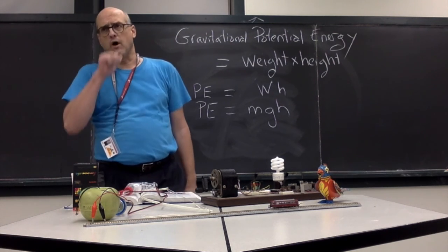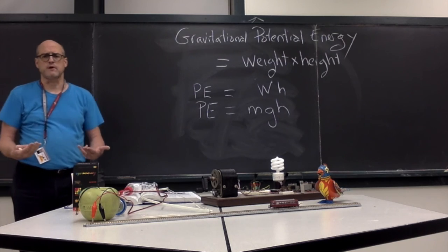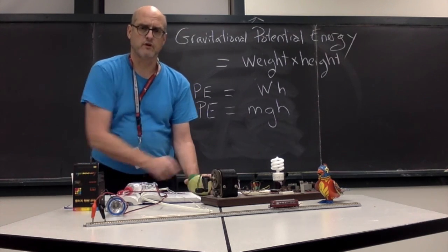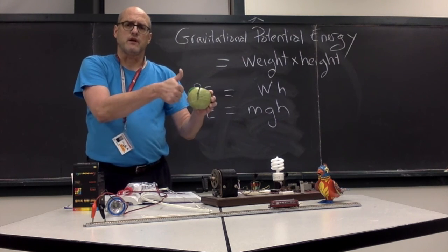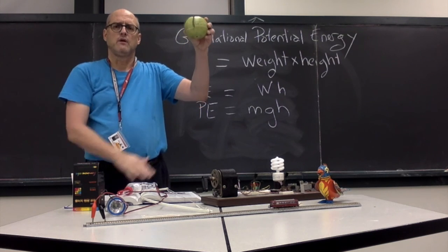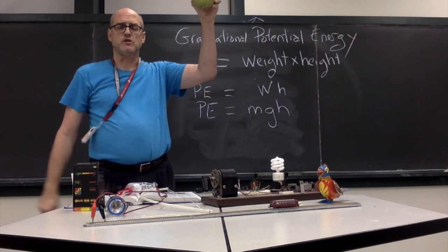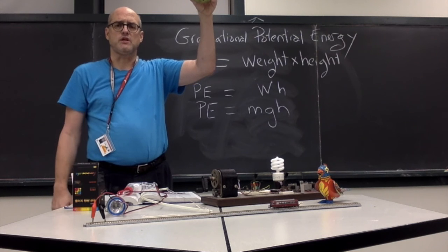Now think about why that is. Well, remember I said work is the means by which energy is transferred from one object to another. So when I lift this apple, I'm exerting a force upward, which is equal to the weight of the apple over a distance h. So when it's in this position here, it has a potential energy equal to mgh.